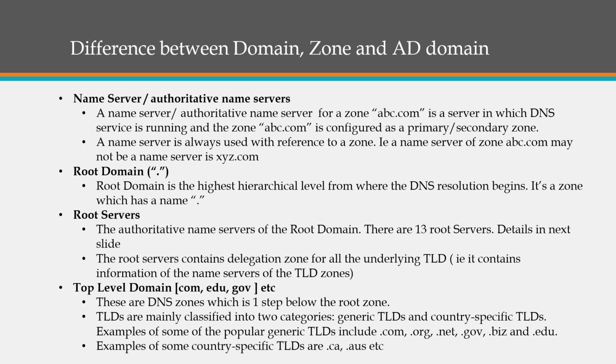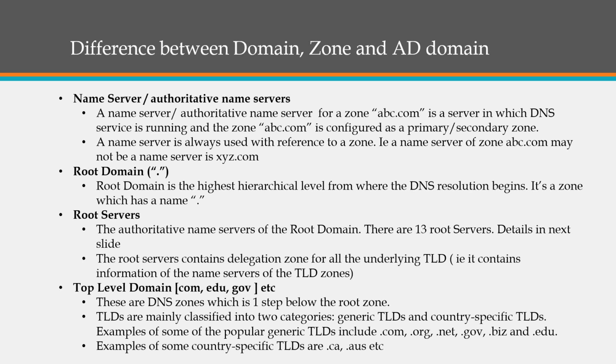There are 13 root servers across the globe, but even though we say that there are 13 root servers, in reality there are hundreds and thousands of DNS servers, but they are configured with Anycast configuration. What Anycast is, I will not be covering in this video because that's an advanced topic.